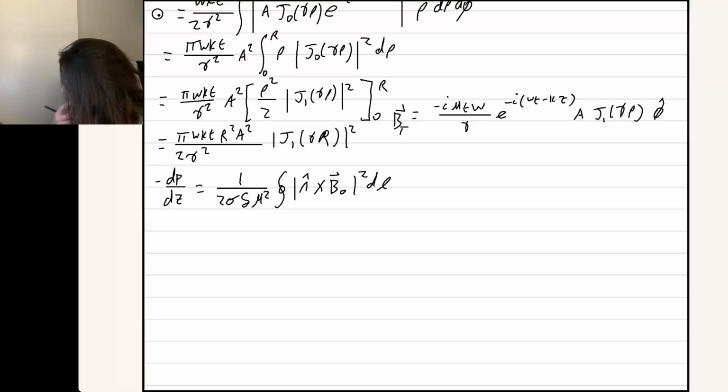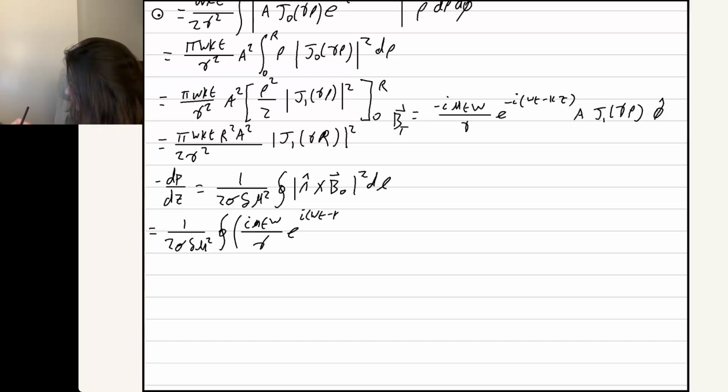So taking the square modulus of that is going to be fun. So we're doing 1 over 2 sigma delta mu squared closed loop integral of, we're going to have I mu epsilon omega over gamma e to the positive I omega t minus kz A J1 gamma rho.